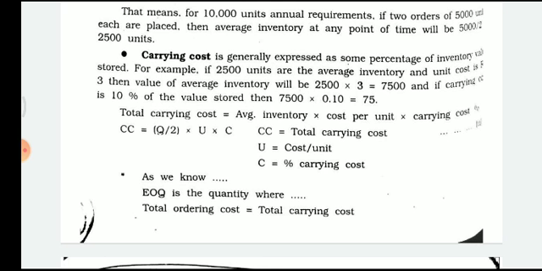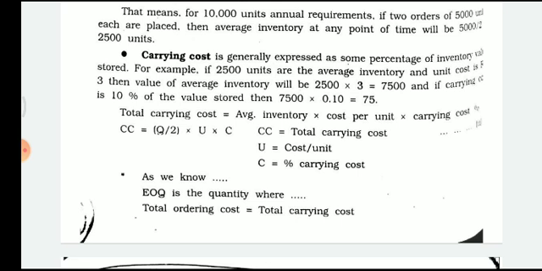For example, if 2,500 units are average inventory and unit cost is 3, then the value of average inventory will be 2,500 into 3, that is 7,500. And if carrying cost is 10% of value stored, then 7,500 into 0.10 is 750.